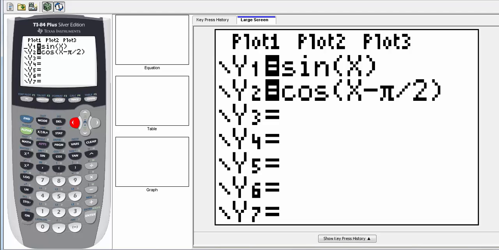If I keep hitting enter, I think it's about 4 times, you get this little flashing open circle. When it draws the graph, it's going to trace it out with this circle. So let's see what happens when we hit graph.